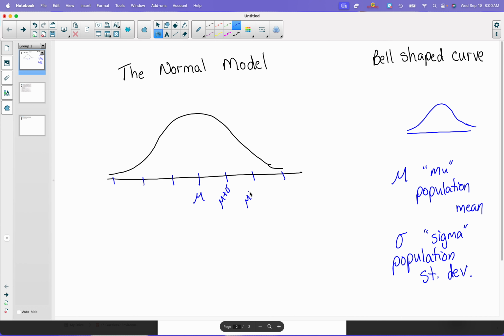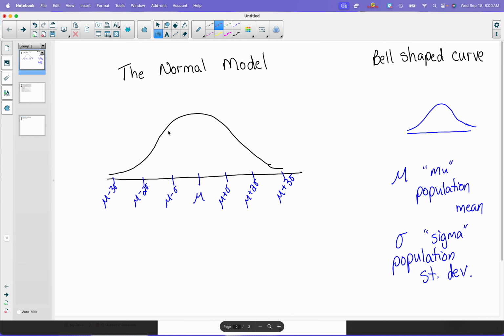This one would be mu plus 2 sigma, and this is mu plus 3 sigma. This one is mu minus sigma, mu minus 2 sigma, and mu minus 3 sigma. So when you go out 3 standard deviations, it covers most of it.